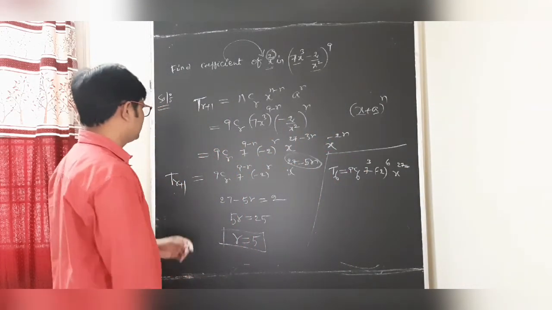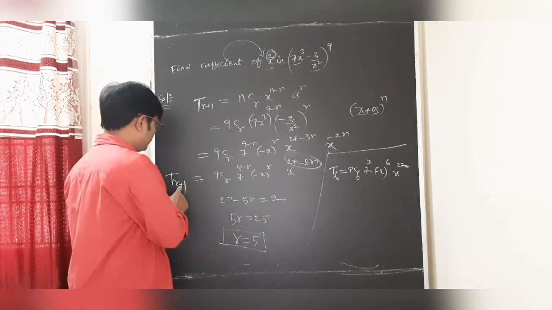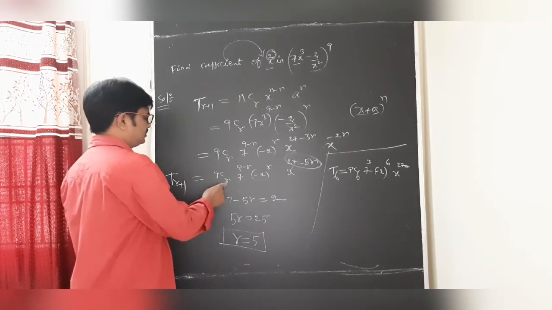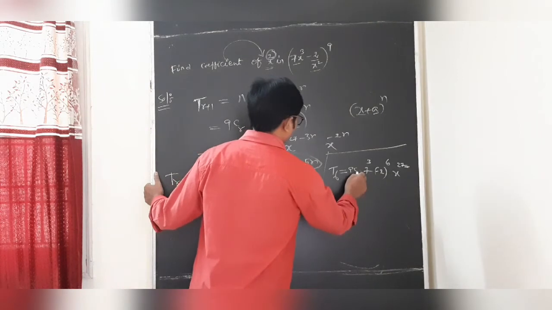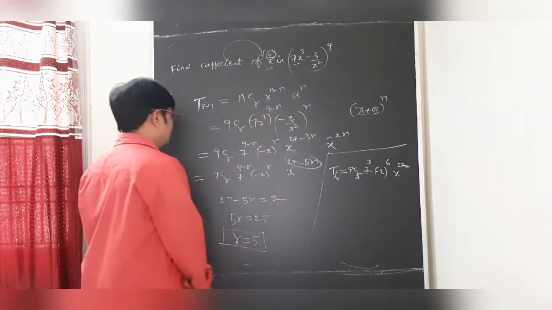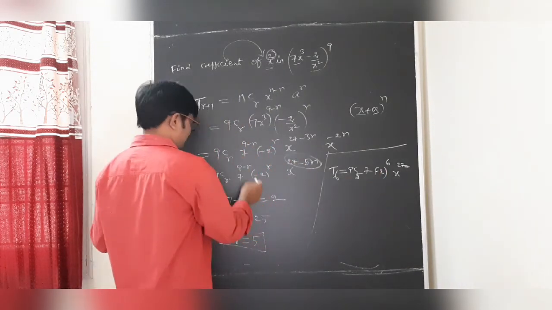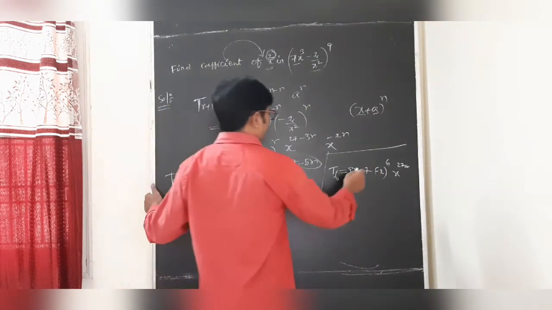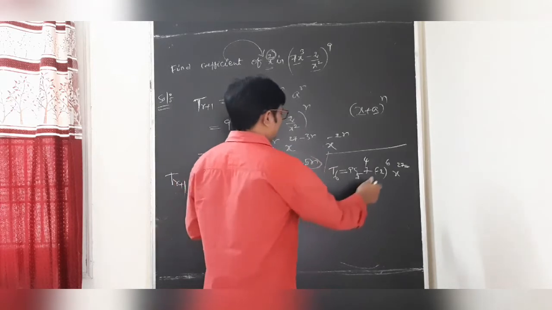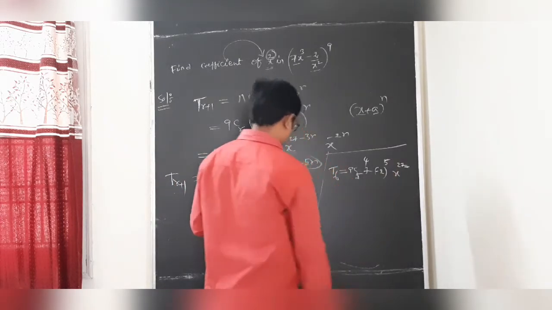So just a small mistake is there: the r value is 5, so undoubtedly 5 plus 1 is 6, and the term is 9C5. My dear students, this is 9C5. After that, 7 power 9 minus 5, which is 4. After that, minus 2 whole power 5.